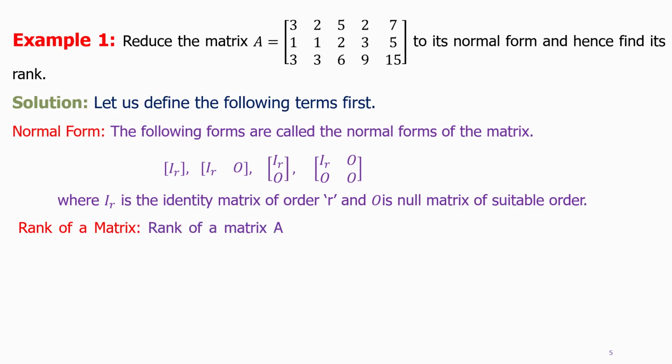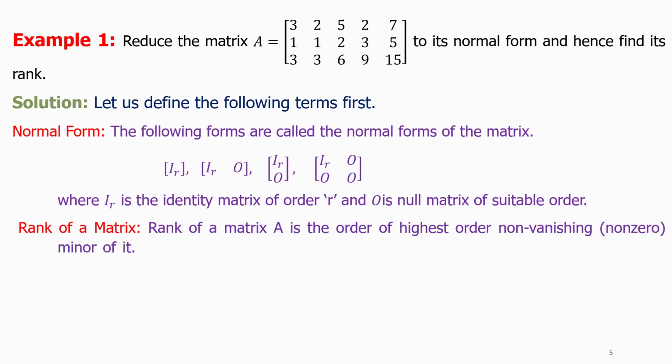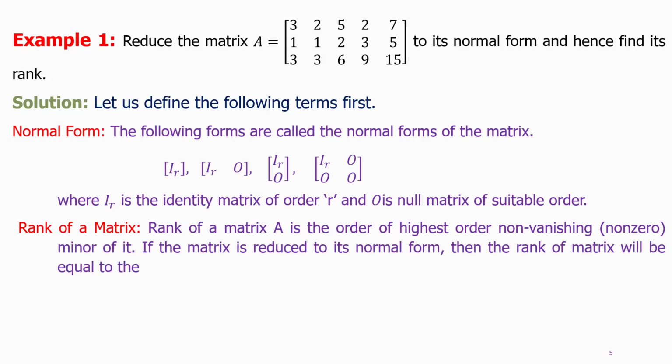Then the next definition is rank of a matrix. Rank of a matrix A is the order of the highest order non-vanishing, meaning non-zero, minor of it. If the matrix is reduced to its normal form, then the rank of the matrix will be equal to the order of IR.